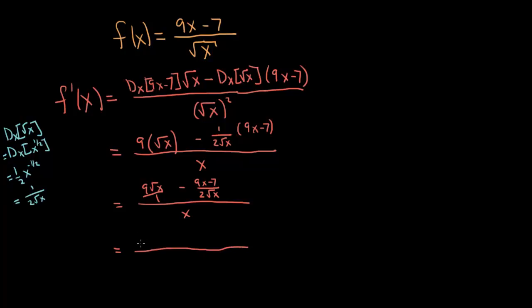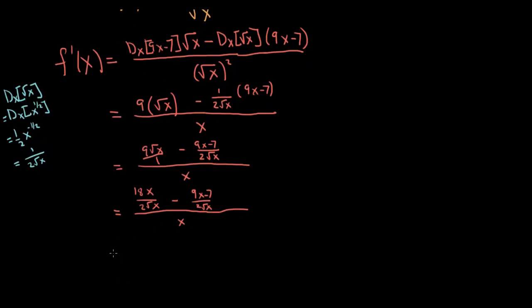We're going to have 2 square roots of x on the bottom, but what's 2 square roots of x times 9 square roots of x? Well, 2 times 9 gives you 18, and square root of x times square root of x just gives you x, minus 9x minus 7, over 2 square roots of x, all over x.